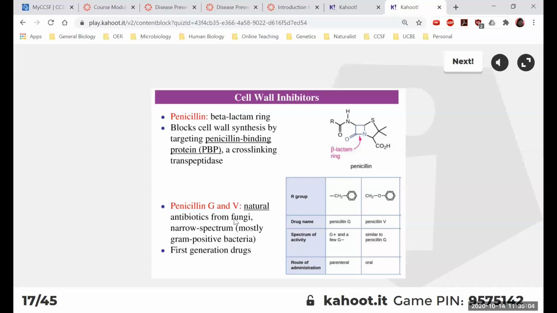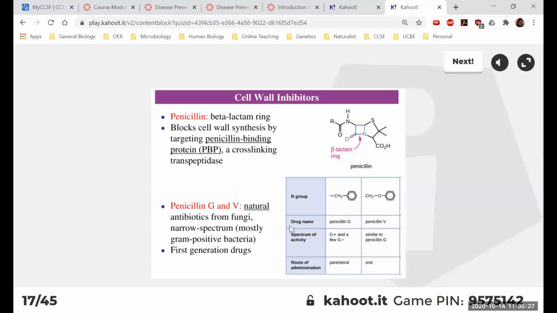The initial penicillins, the first generation, were actually natural compounds from fungi. Penicillin G and V, you can actually see that, for the most part, structurally, they're very similar. The only difference is in this R group. With G, you just have the hydroxy group. With V, you actually have a different side group.